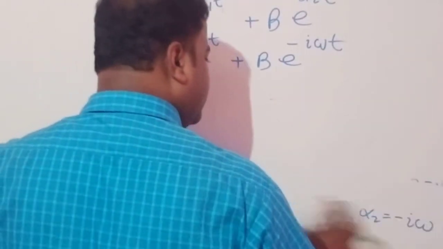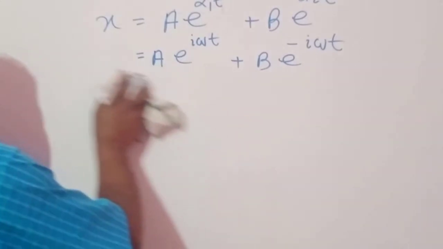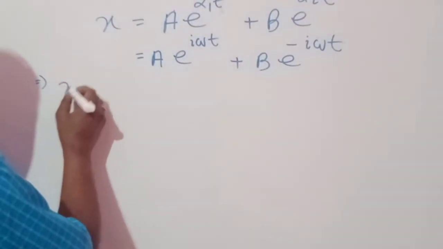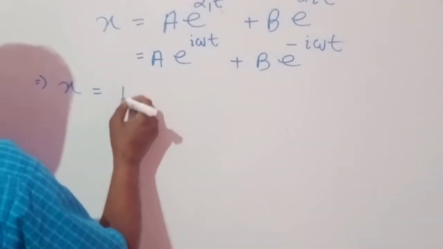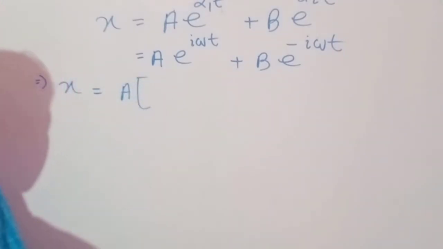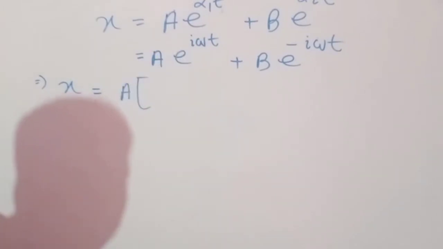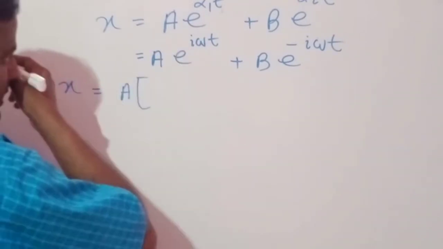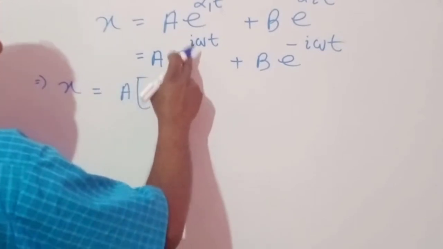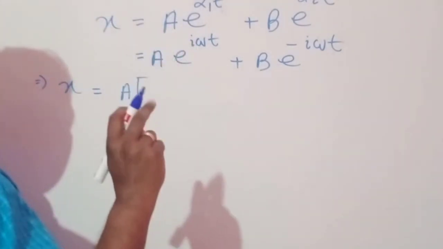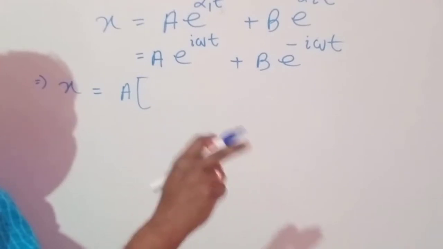Now we simplify this result, x equal to a e to the power i omega t. From Euler's theorem, e to the power i theta equal to cos theta plus i sin theta.